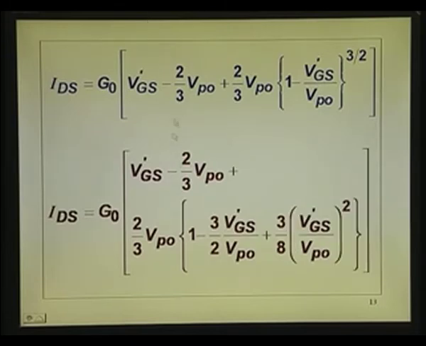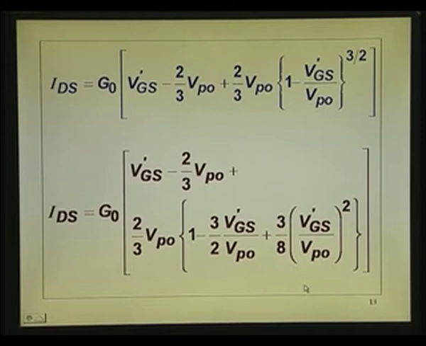When you do that, V_GS dash minus 2/3 I am retaining, plus 2 by 3 V_P0 into 1 minus n of x, where x is V_GS dash by V_P0, plus the square term, 3 by 8. Now you can see all the terms cancel out. V_GS dash cancels with this term, and these two terms cancel out, and you are left with that quantity alone.